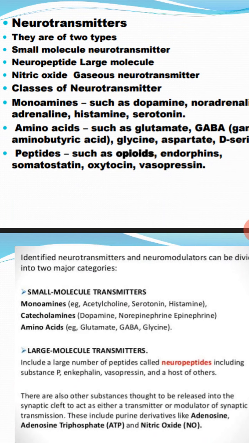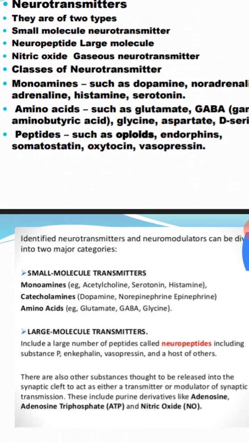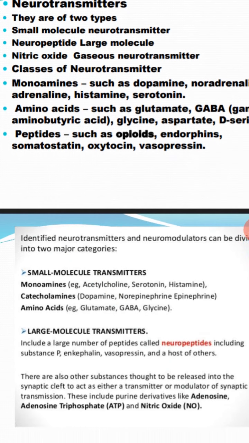Then catecholamines, that is dopamine, norepinephrine and epinephrine, which are secreted by the adrenal medulla. Then amino acids: glutamate, GABA and glycine. So these are small molecule neurotransmitters. A question is asked: give an example of a small molecule neurotransmitter. You can easily say monoamines, catecholamines, amino acids.